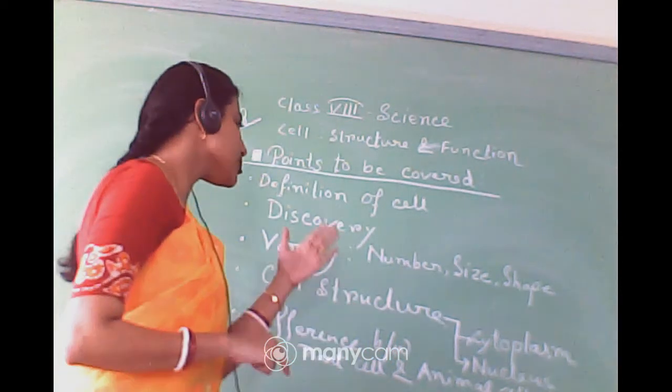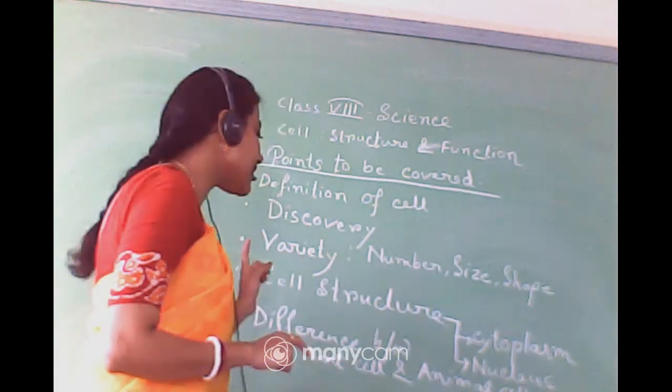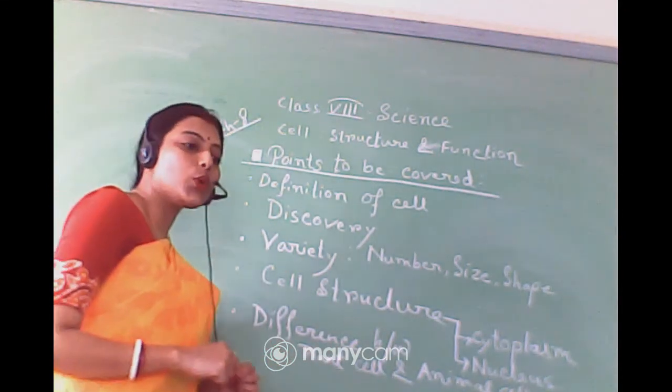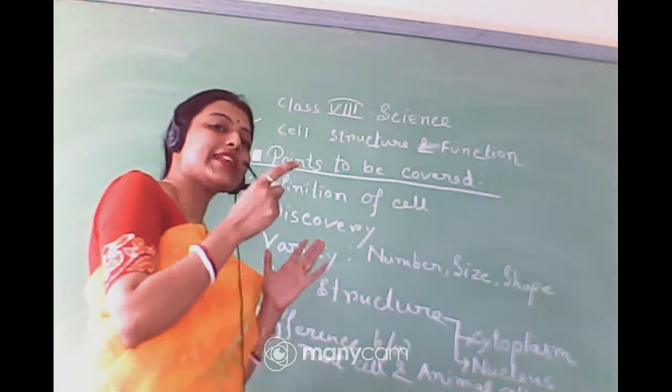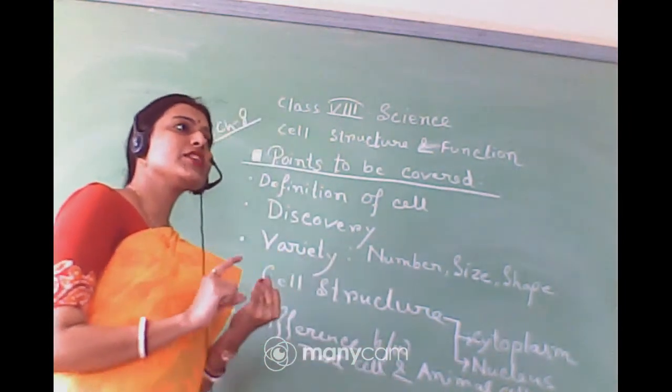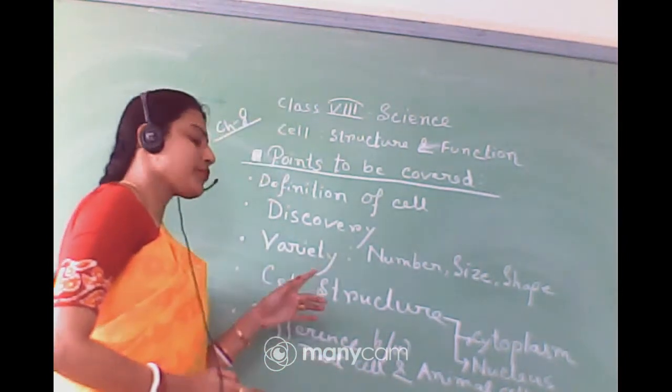Okay, so we will be moving to the next portion of our chapter, that is the cell structure. We all know that the cell is a spherical body, and it is mainly made up of three particular types of composition.